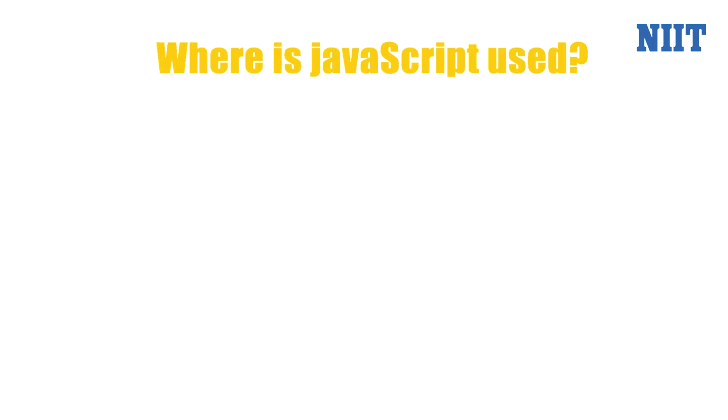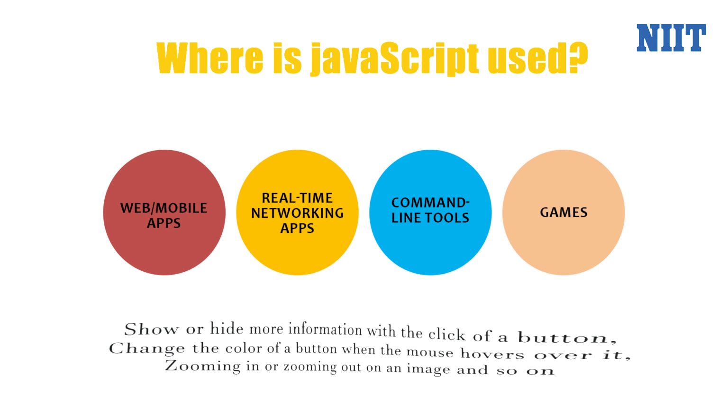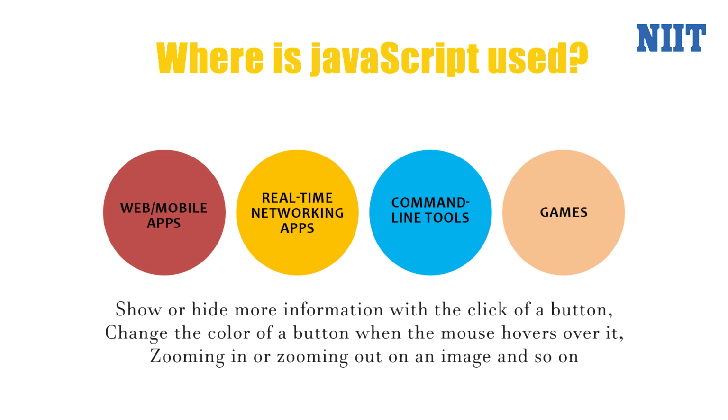If we talk about where JavaScript is used, JavaScript allows users to interact with web pages. There are almost no limits to the things that you can do with JavaScript on a web page, like showing or hiding more information with the click of a button, changing the color of a button when the mouse hovers over it, carousel sliders, zooming in and out of images, and so on.